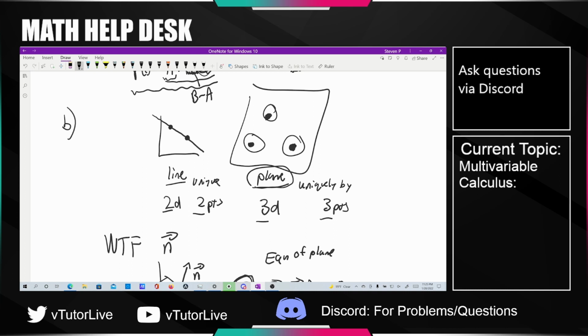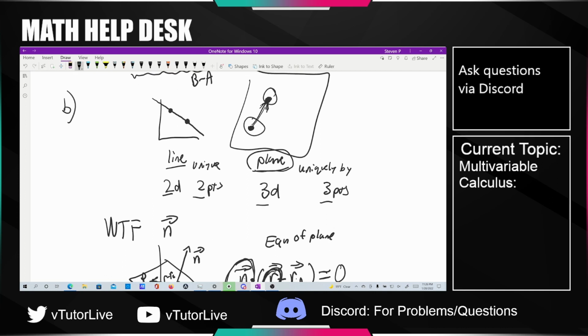And the reason why we say that is because if we didn't have the third point, if we only had 2 points, right, we could have any number of normal vectors that's perpendicular to just this one thing, right? We don't have 2 vectors to do a cross product, so a unique normal vector, or at least a unique direction, can't be determined. So do you kind of see why having 3 points is, well, I don't know if quite necessary, but like why it's sufficient, and having only 2 points is not?